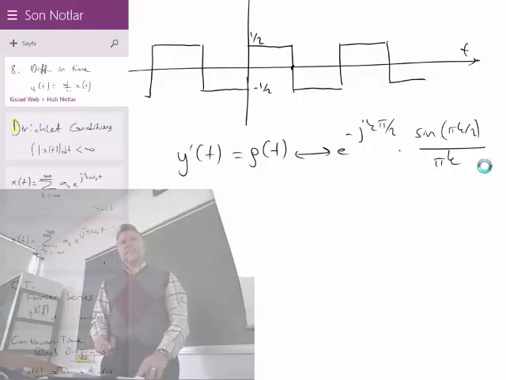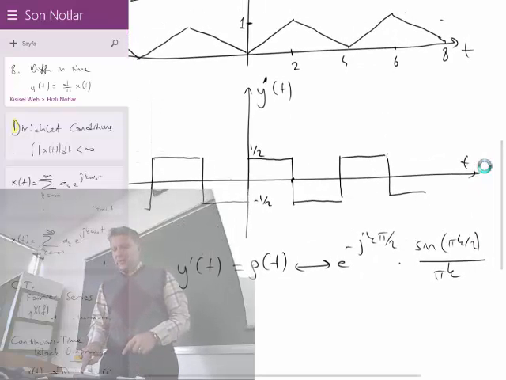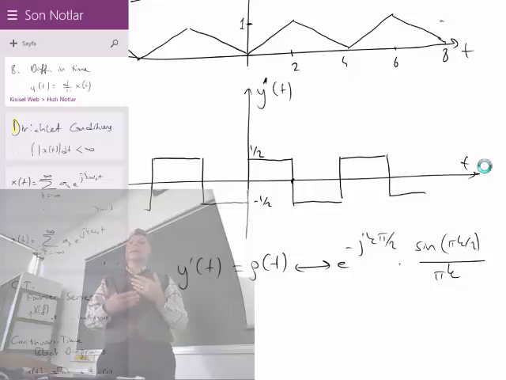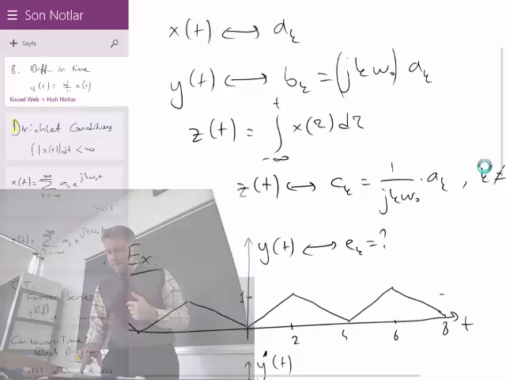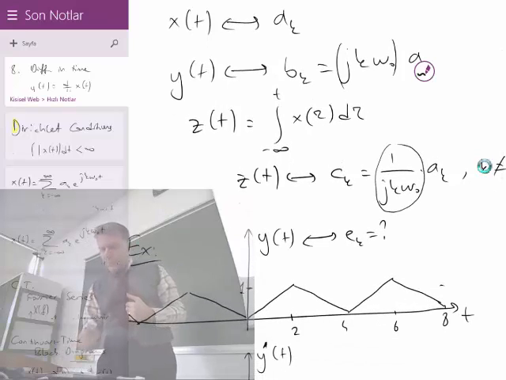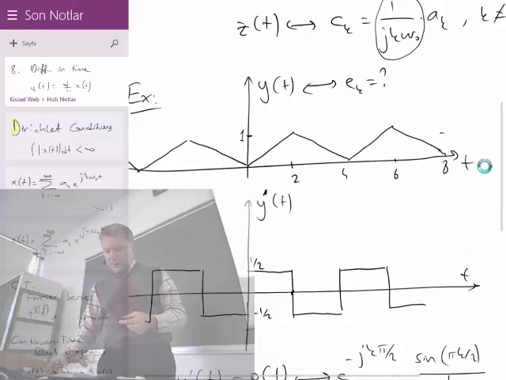Then from here, what are we going to do in order to find the Fourier series coefficients of the top shape? The bottom is the derivative, the top one is therefore its integral. For the integral, what were we doing? We were dividing by j k omega 0. So that's what we need to do.